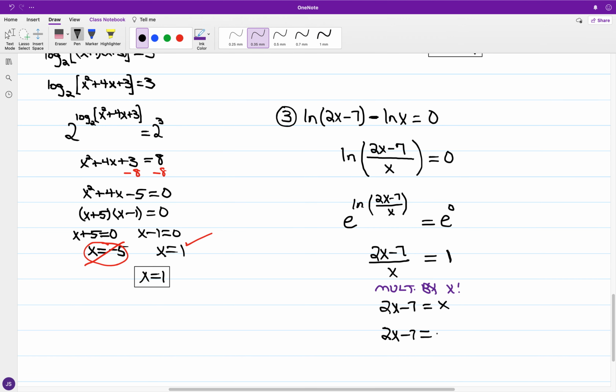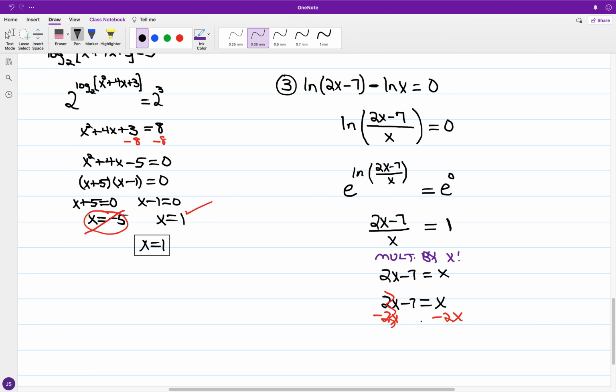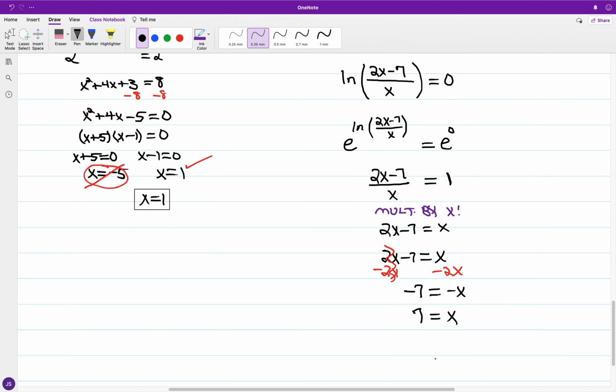What I can do here is join the x's together upon taking 2x away. And so we have now that negative 7 is equal to x minus 2x, which will be negative x. Then change the sign values by multiplying or dividing by negative 1. It's going to turn out that we have an apparent solution with x equal to 7.